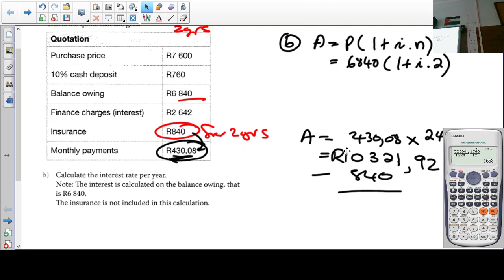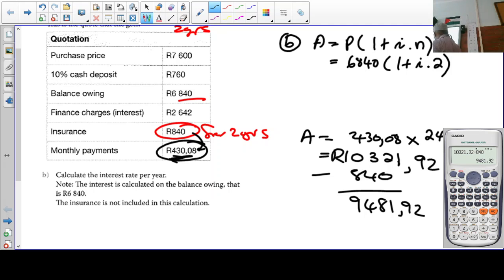So if you take off 840 from that amount, it's 10,321,92 minus 840 rand. Gives me 9,481,92.